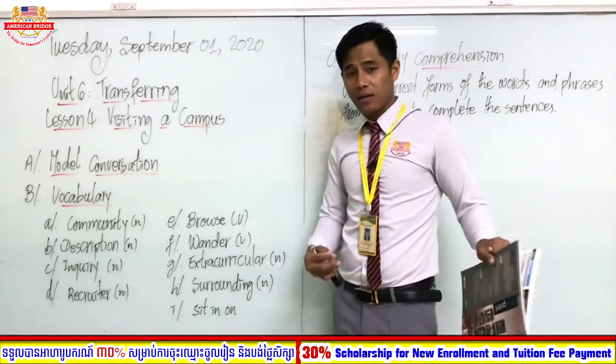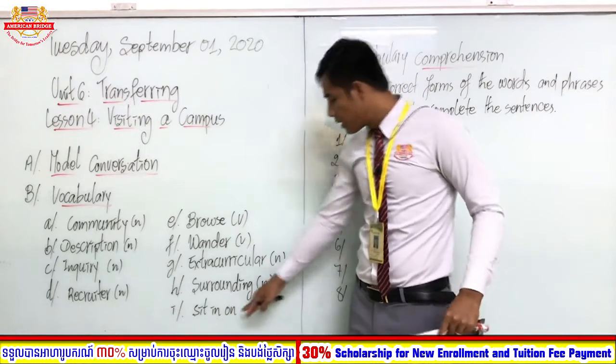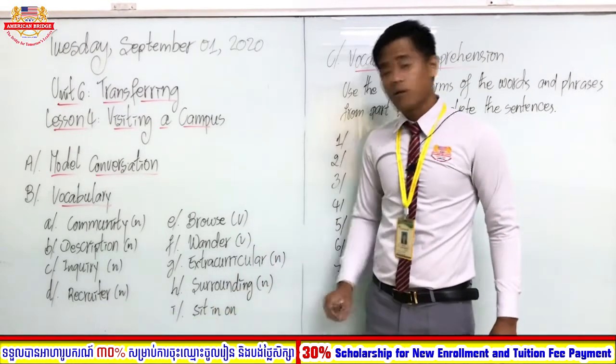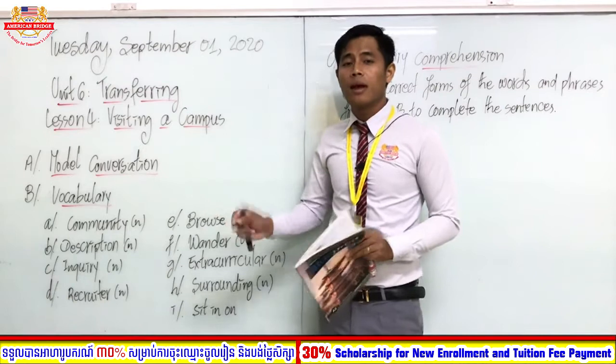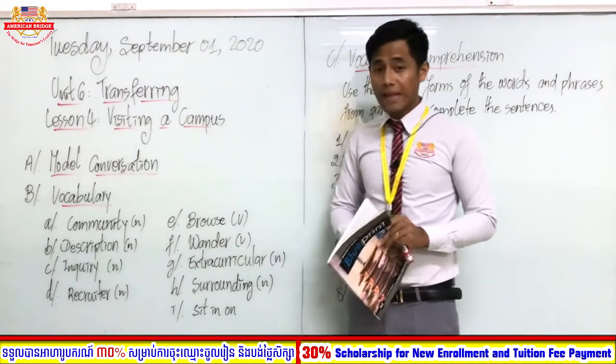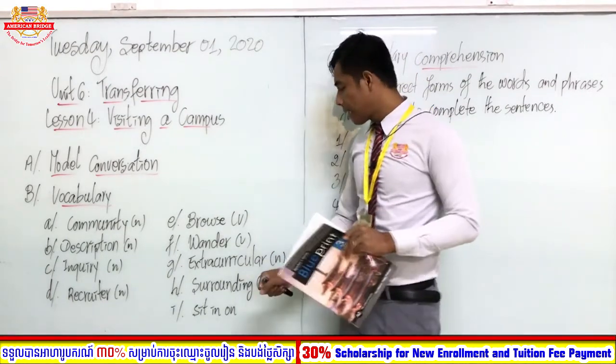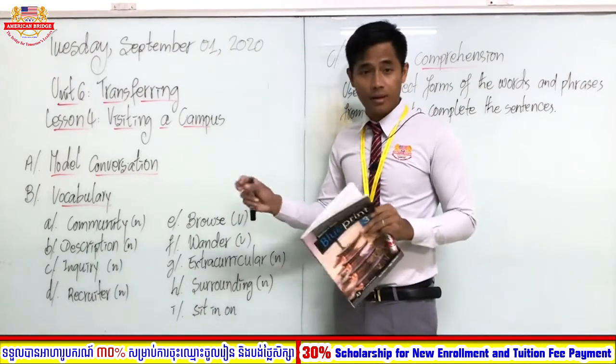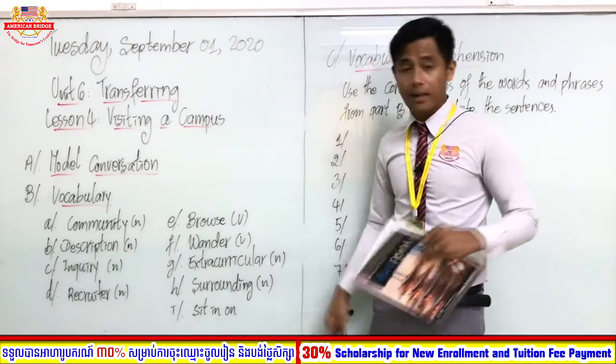Surrounding means nearby, okay, nearby or near. Sit in on means attend to study something in the class, especially in the class, okay, so attend to study in a class like this.